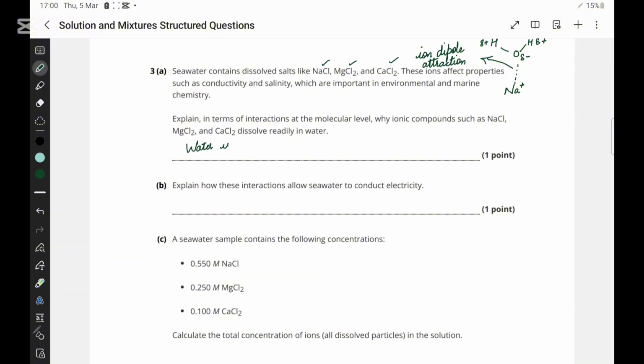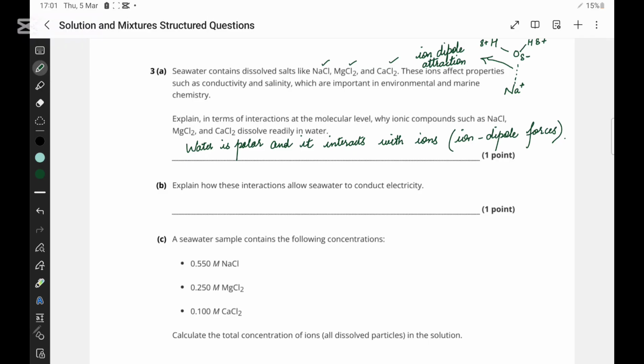So we can say that water is polar, and it interacts with ions, and that force is ion dipole forces.